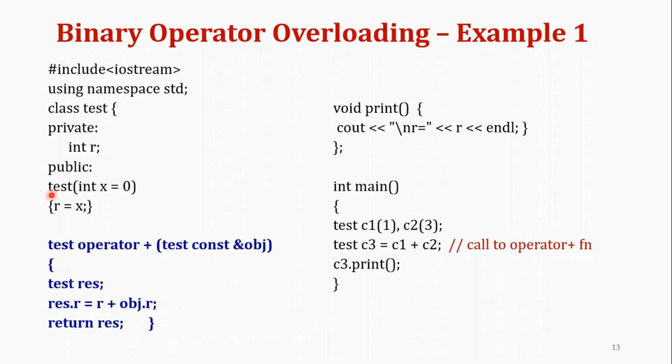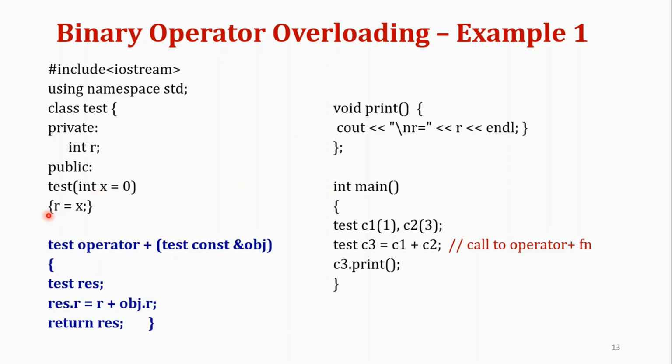In public mode, I'm having one parameterized constructor, so x value will be given to r. By default, I'm giving x as 0. Okay, so x will be given 0, or you can have a default constructor. Both are valid. But here I'm using the parameterized constructor with x as 0.